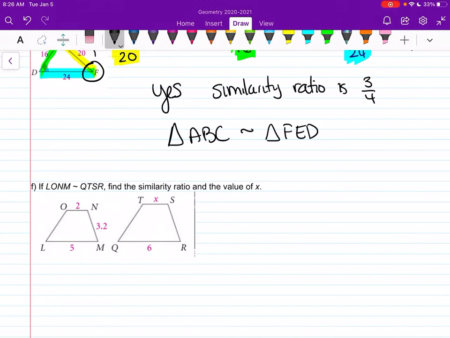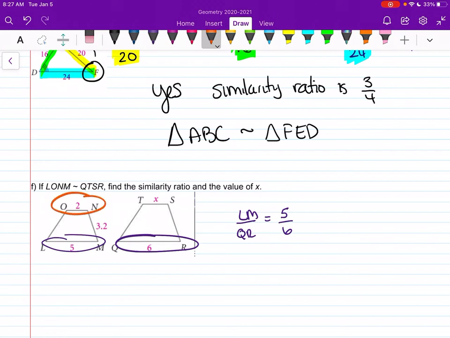This one tells me that my two quadrilaterals are similar. Find the similarity ratio and the value for X. So I want to make sure I'm comparing corresponding sides. So I'm going to compare this side to this side. So I know LM over QR is going to equal 5/6. So that's my similarity ratio. It's already reduced. So now I'm going to use the same thing for the side that's corresponding to X. So I'm going to have ON over TS is going to equal 2 to X, which we know has to have that same ratio.